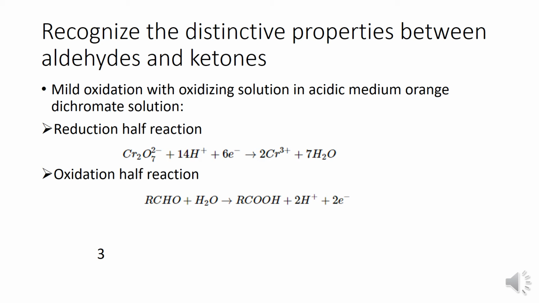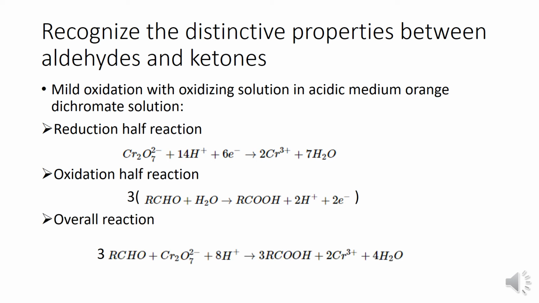Now we want to add these two equations to get the overall equation, but here the number of electrons gained and lost should be equal, so we multiply the oxidation half reaction by 3 and you will get 6 electrons in the reduction half reaction and 6 electrons in the oxidation half reaction.